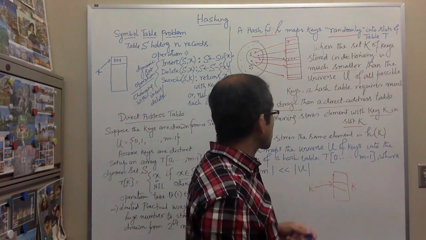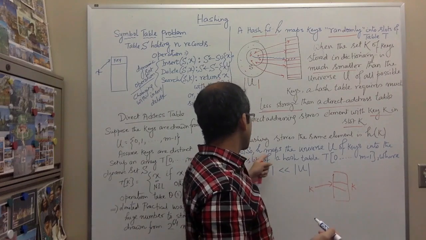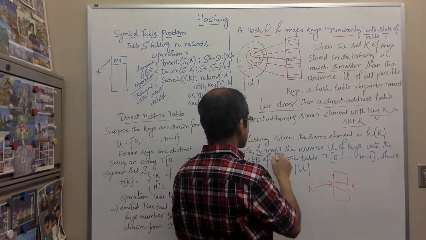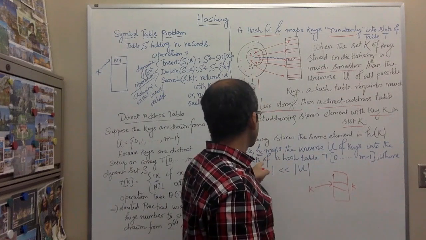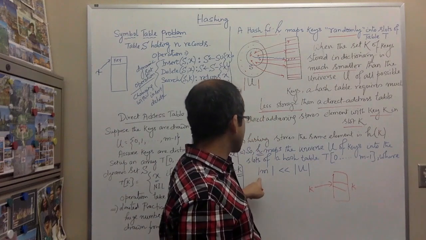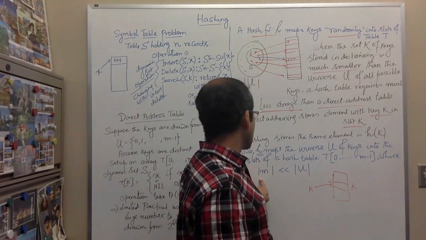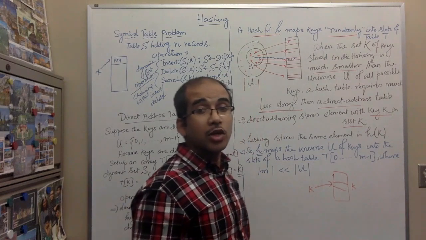So this is called hash collision. Before that, let's summarize one more time. The hash function h maps the universe U of keys into the slots of a hash table T[0 to m-1], where m, the size of the hash table, is much less than the size of the universe.